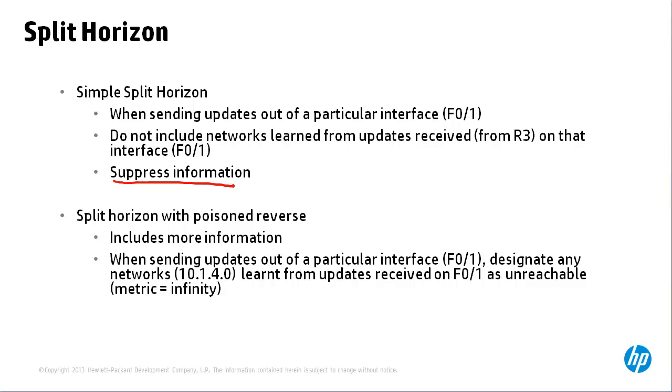So when sending updates out of the interface, once again FastEthernet 0/1, the router designates any networks, in this case 10.1.4.0, learned from updates received on that interface as unreachable. In other words, the metric is set to infinity. This overrides the split horizon rule and is a safer and more robust implementation of split horizon.